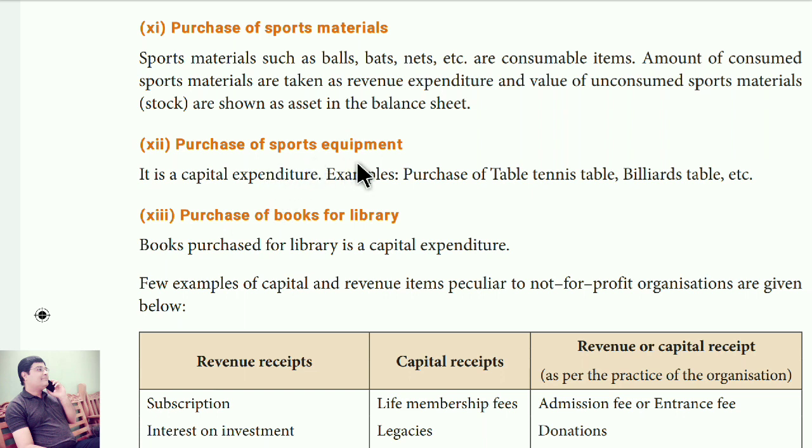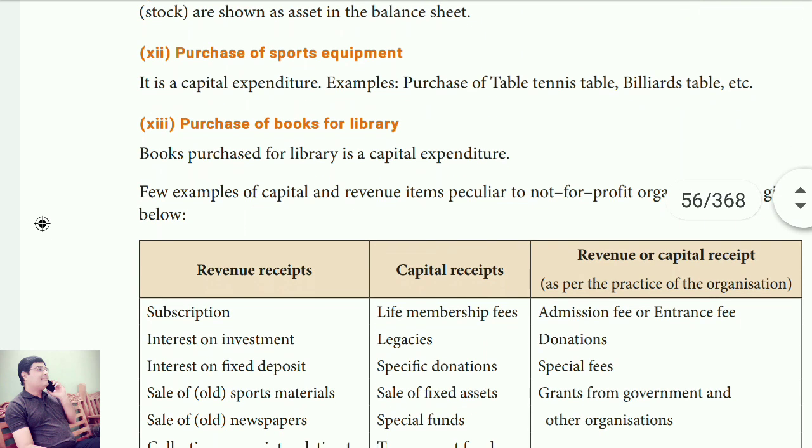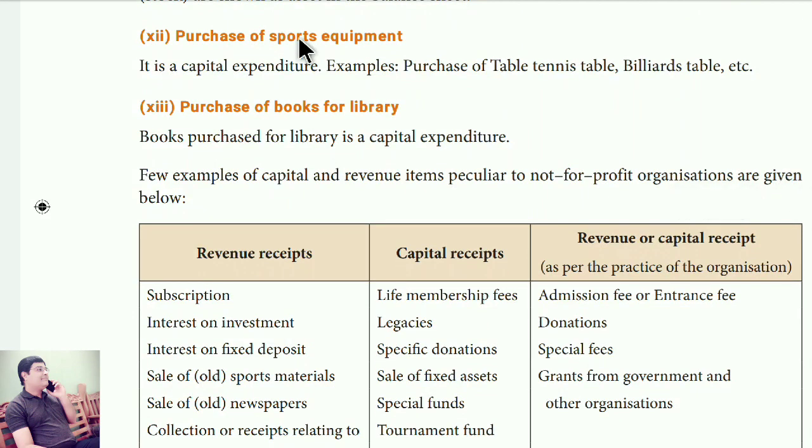Then purchase of sports equipment. See here, sports equipment is given. So purchase of sports equipment is a capital expenditure. Example: purchase of table tennis table, billiards table, etc. So this will come under purchase of sports equipment, capital expenditure.